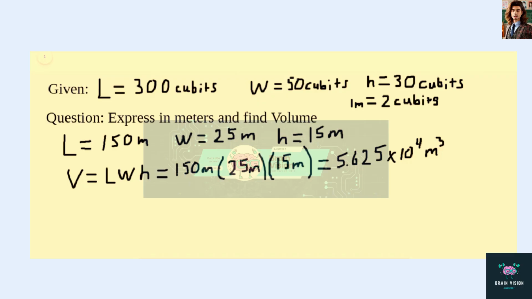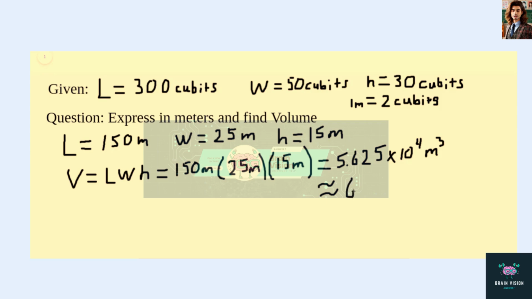We can rewrite that in terms of the maximum number of significant figures that we know, which is 5.6. So this is going to be approximately 5.6 times 10 to the 4, or I'm sorry, no, the correct number of significant figures, because we have the value 30 and the value 50, which only have one significant figure, is actually only 1.